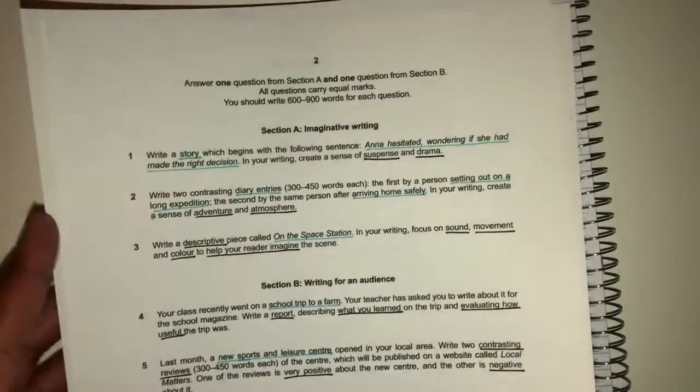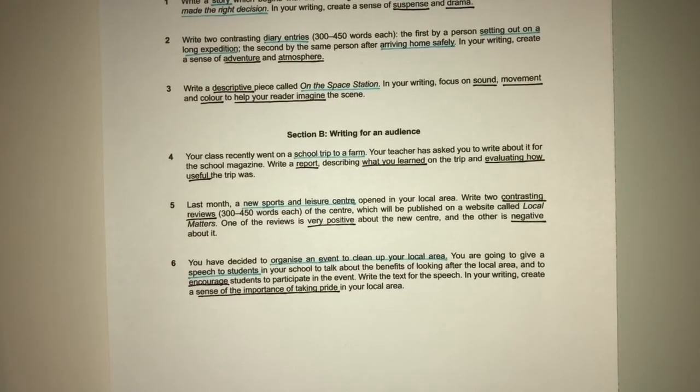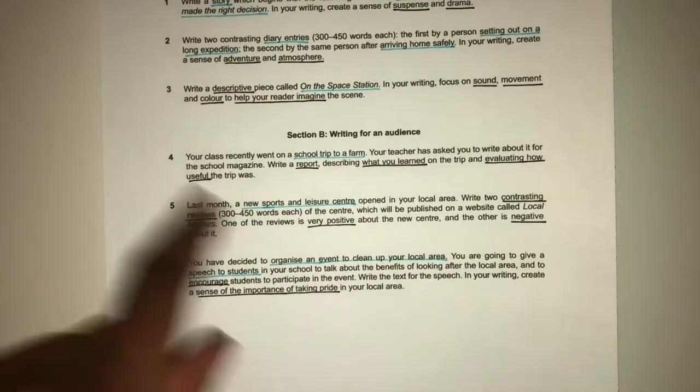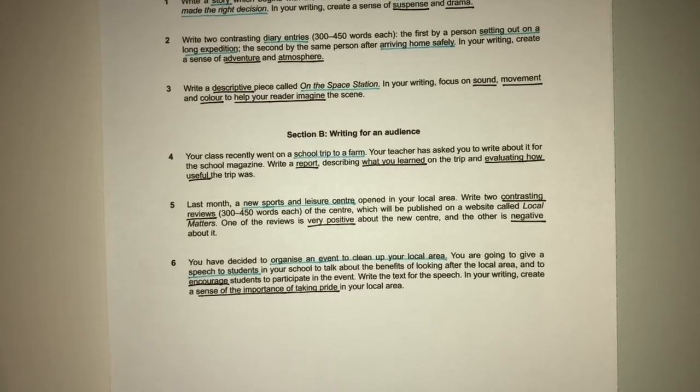So now we're going to take a look at tips and tricks for section B. So section B, question 4, your class recently went on a school trip to a farm. Your teacher asked you to write about it for the school magazine. Write a report describing what you learned on the trip and evaluating how useful the trip was.